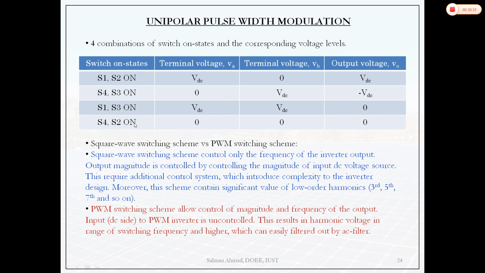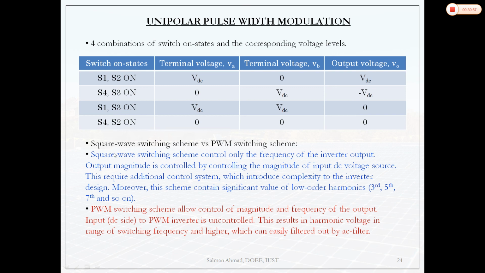If we compare the square wave switching scheme with the pulse width modulation scheme, the square wave switching scheme controls only the frequency of the inverter output. Output magnitude is controlled by controlling the magnitude of the input DC voltage source. So you have to vary the input DC voltage to get a variable output in the case of square wave operation.